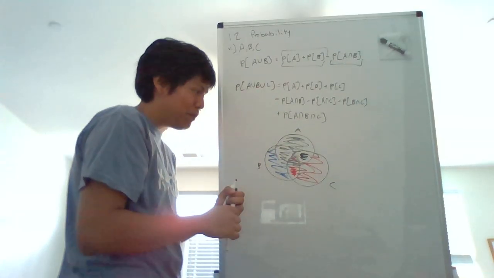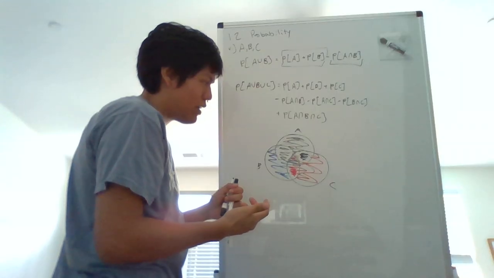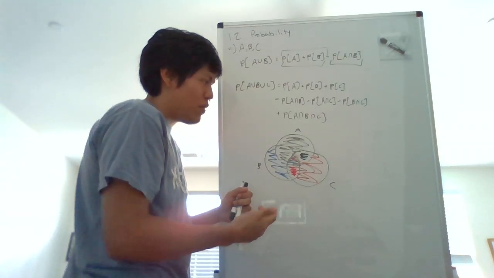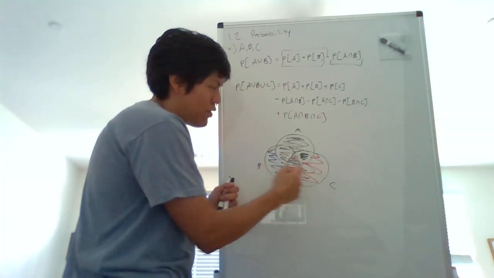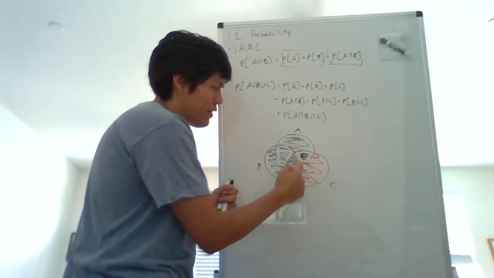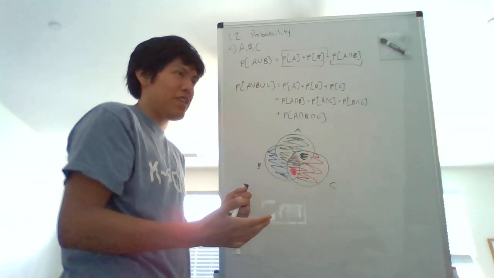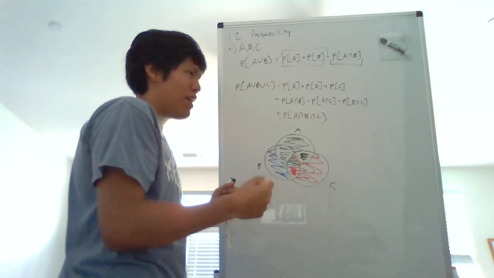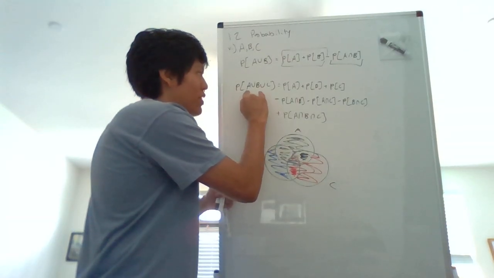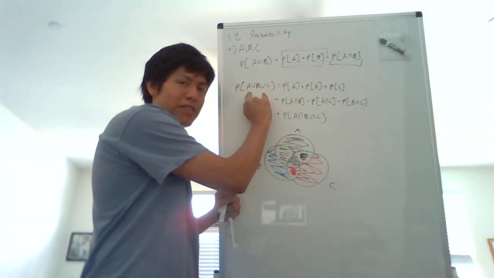Now what we're doing is counting each individual section, 1, 2, 3, 4, 5, 6, 7. 7 individual sections, and we're adding them all together to get the total probability of the union of all three events.